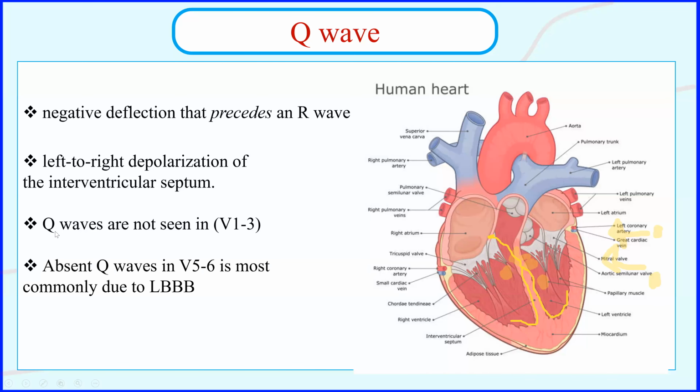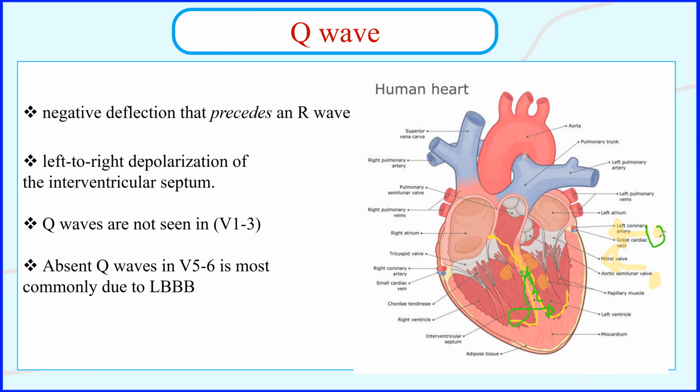Okay. The second point, the absence of Q wave in V5 and V6, is most likely to be due to left bundle branch block. Again, how could this happen? Let's see here. Now, let's say there is a left bundle branch block, in which the left bundle is not working, it's blocked. So the electricity now will go to the right side first, and after that will go back to the left side. So there is no discrete depolarization of the septum.